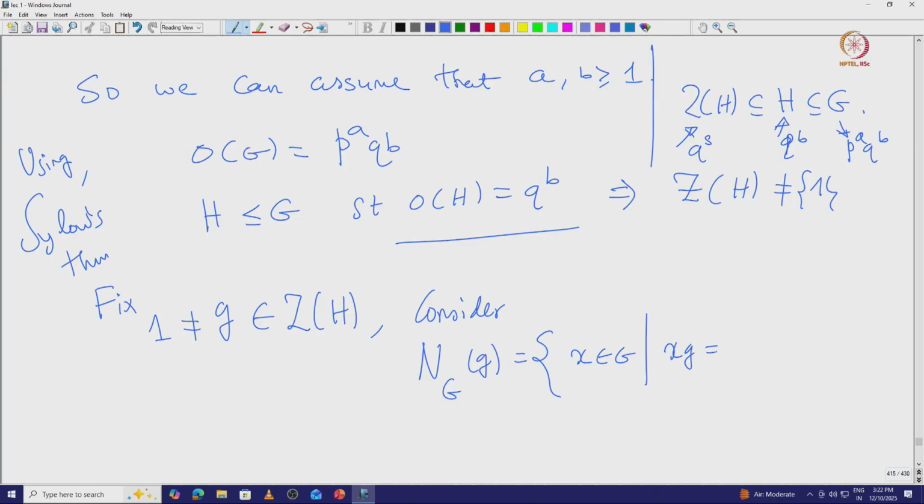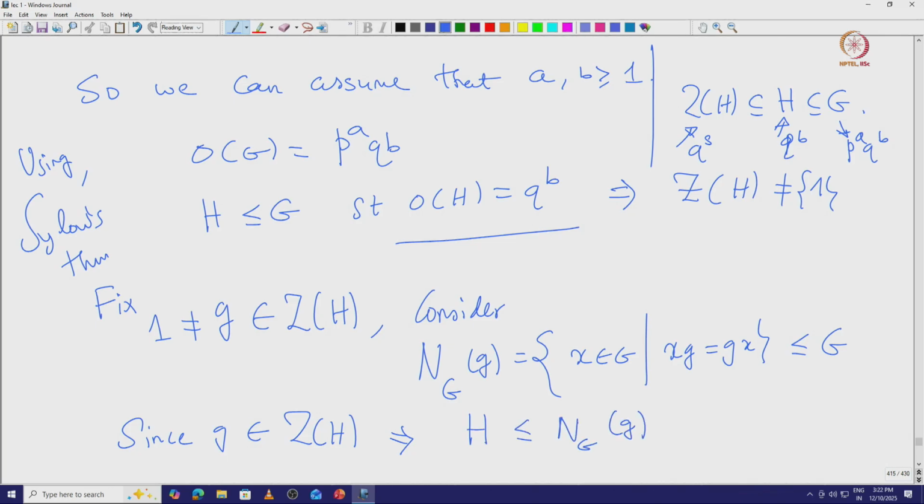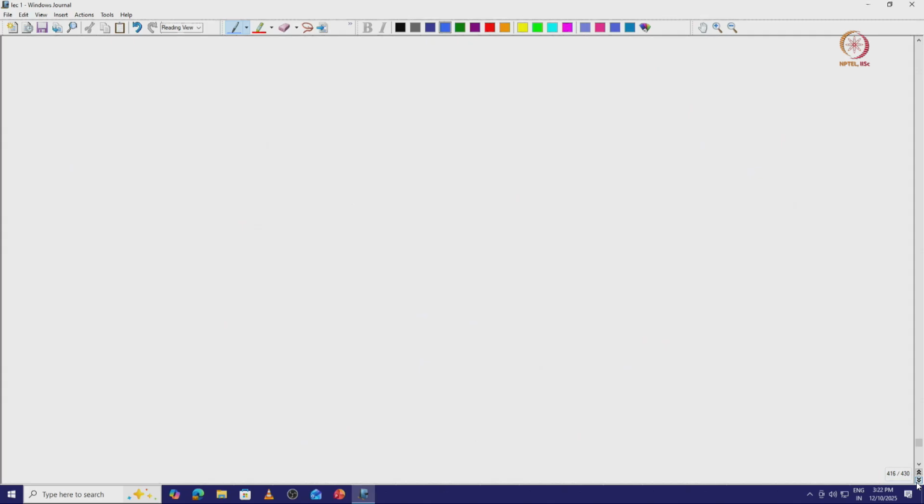So xg equals gx. This is the same as the centralizer, and this is a subgroup inside G. Since g is coming from the center of H, that would imply that H is a subgroup of the normalizer of g.